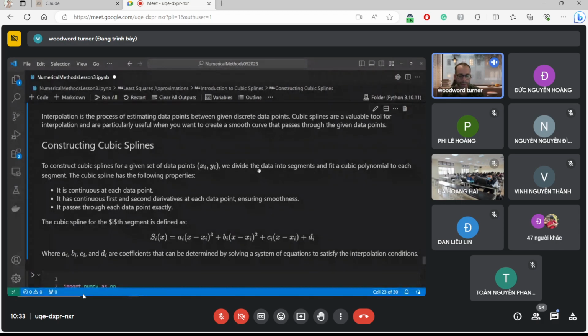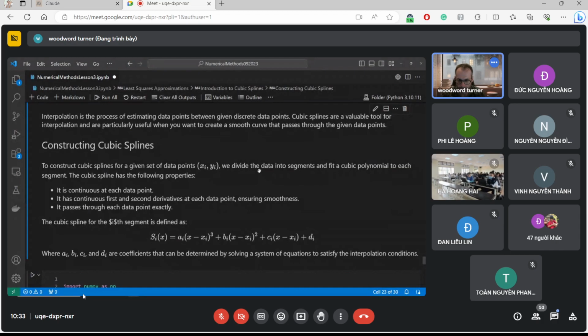But here we have something a little extra, because it has continuous first and second derivatives at each data point. And that's going to give us smoothness, right? Having that continuous second derivative is a really big deal. So that helps us out quite a bit in this case. And then it also passes through every data point. So if we did the code correctly and it looks correct, then we know that it passes through each data point.